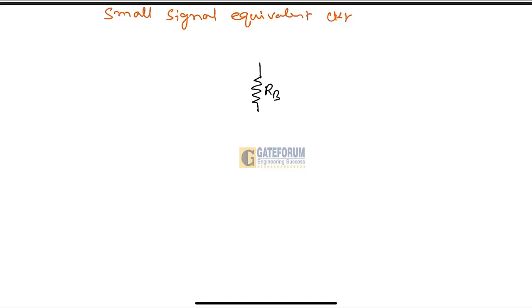This is RB, which is in series with 1/gm1, the equivalent circuit element for transistor M1.